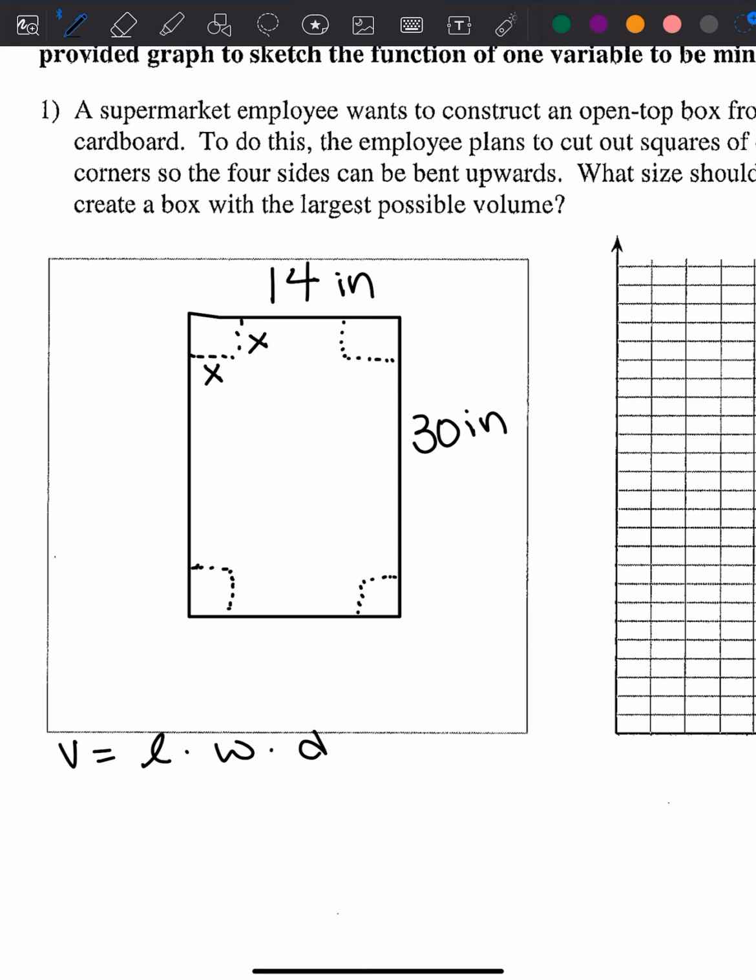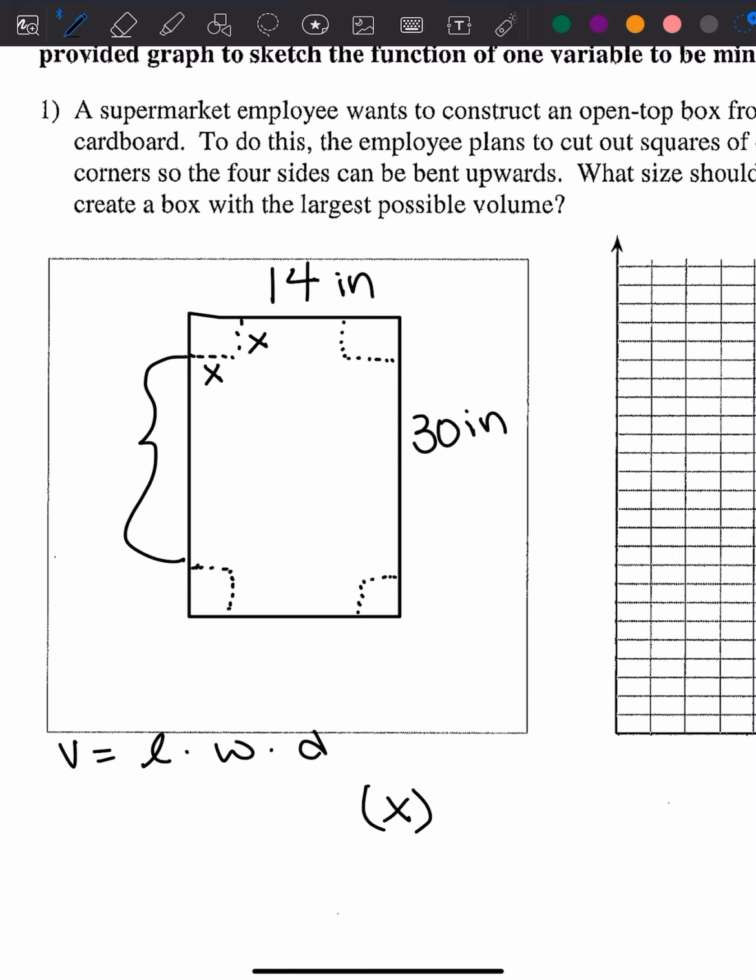So I know my depth, because this is the piece that's going to be folded upwards, is going to be x. So I already know we have times x. Our length, I'm going to make it this piece here, is the piece of the cardboard that's not cut out yet.